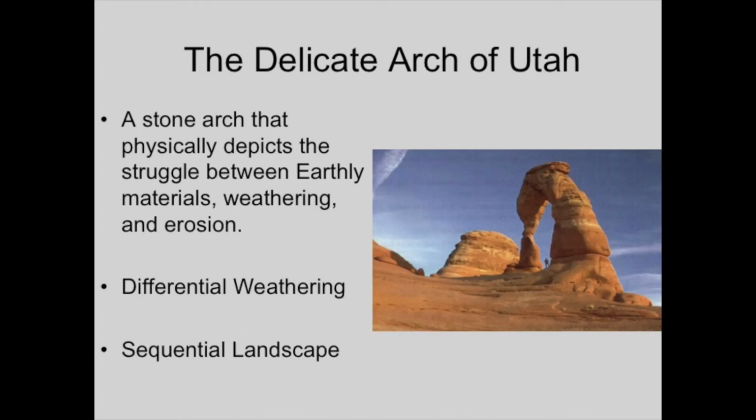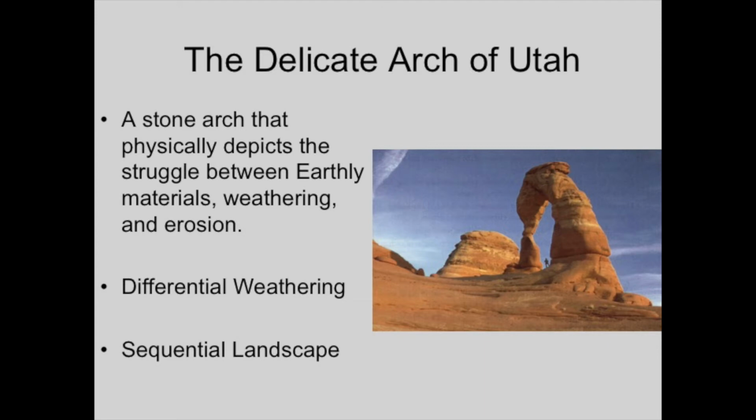For example, what is known as the Delicate Arch of Utah, a 15-story weathered stone arch, physically depicts the struggle between earthly materials and the processes of weathering and erosion. In its structure, we see the differing resistance of lithic material coupled with variations in the processes that attempt to break down the sedimentary stone.